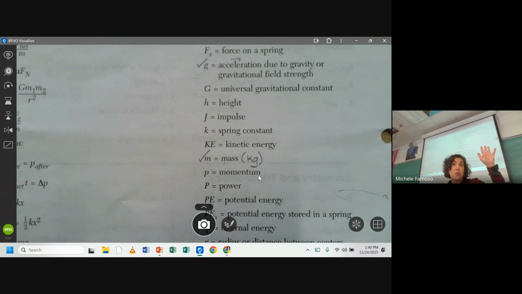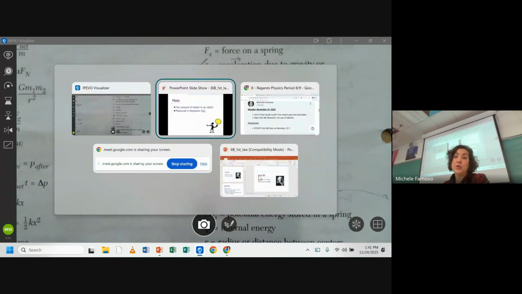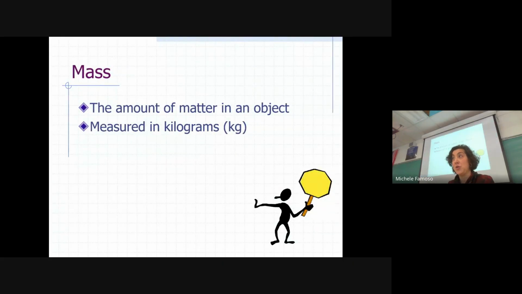Canada, Mexico, some of the Caribbean, Europe, Asia, India, anywhere you go, they're going to be using kilograms for your masses, which means if you get sick, you better know what your mass is in kilograms because the hospital is going to want to know that. You tell them your weight in pounds, and they're going to be like, huh? Ignorant American. What the heck? You need to know your mass in kilograms, okay?